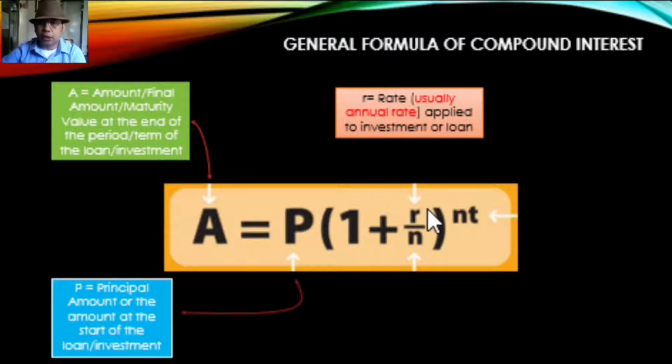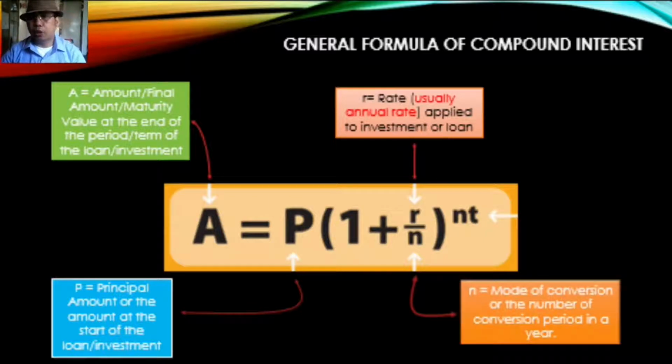Now, the next one would be r. So, small r represents the rate. This small r represents usually the annual rate that is applied to an investment or a loan or any deposit. Now, what about n? The n in here stands for the mode of conversion or the number of conversions in a year or the conversion period.